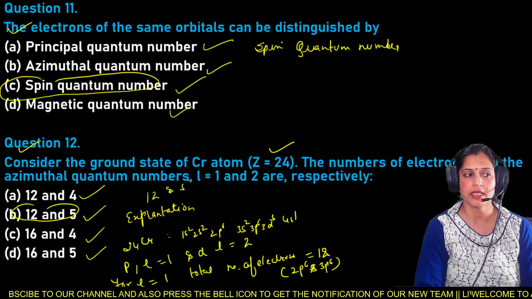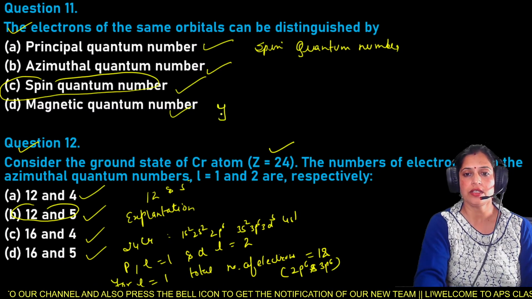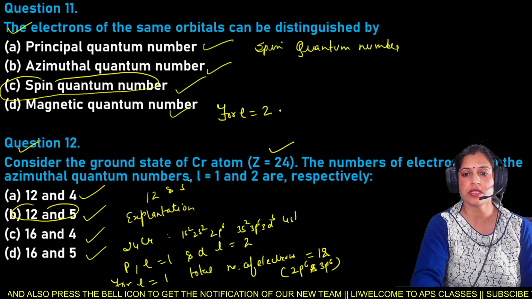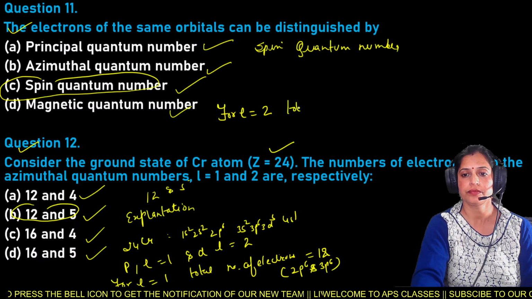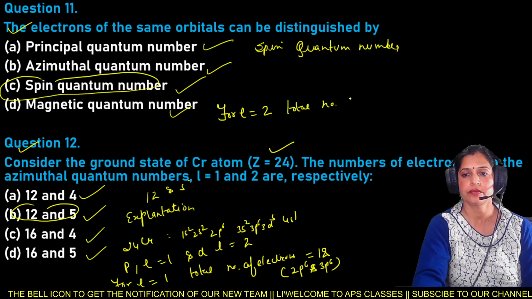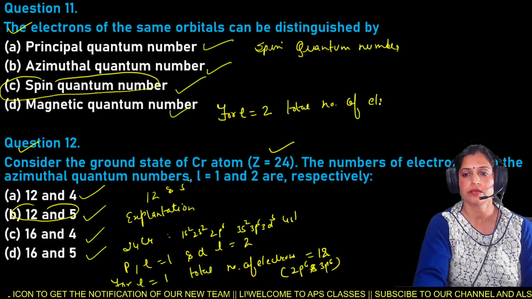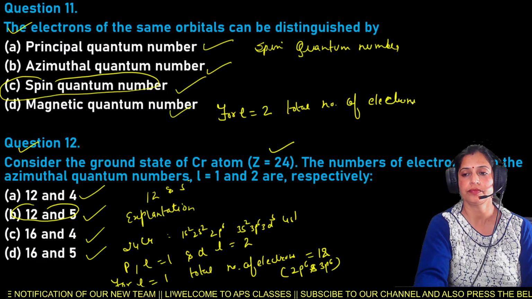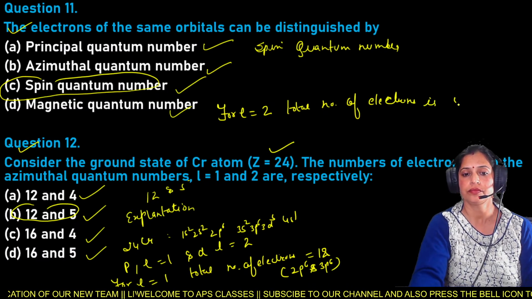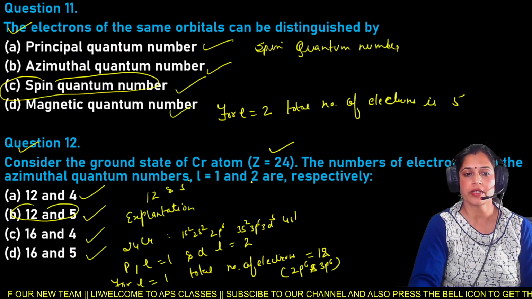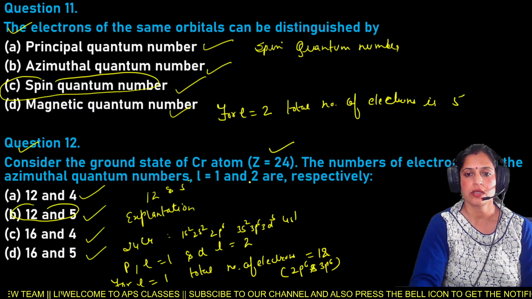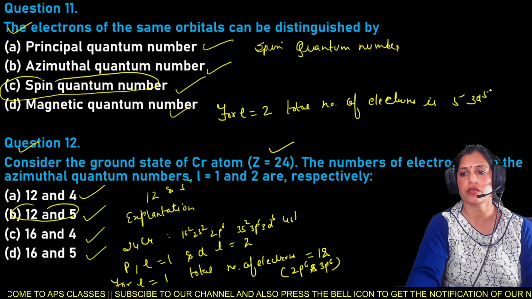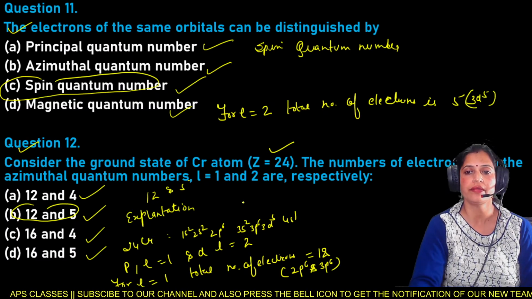For l equal to 2, the total number of electrons is 5, that is 3d5.